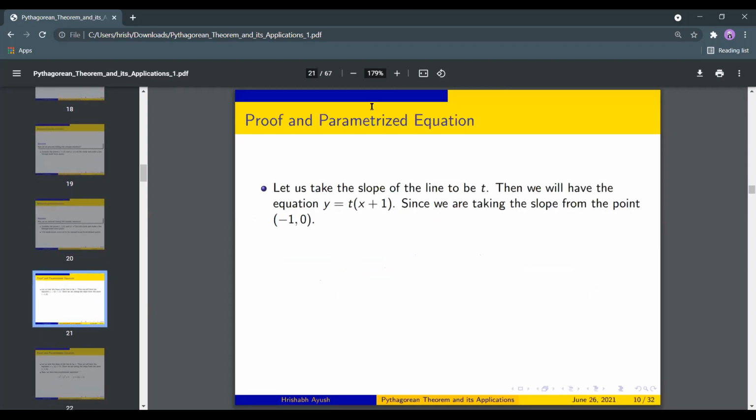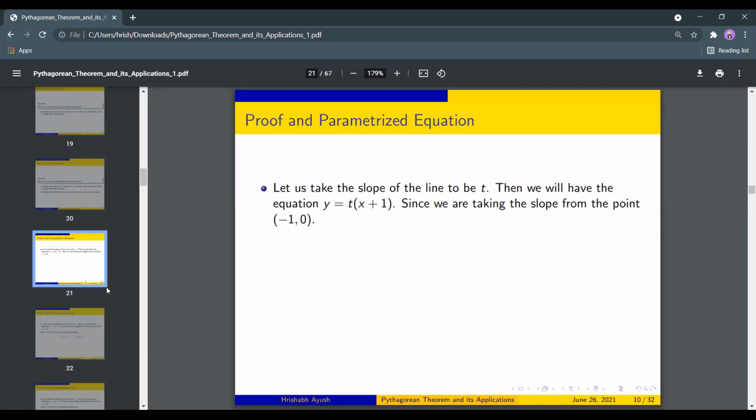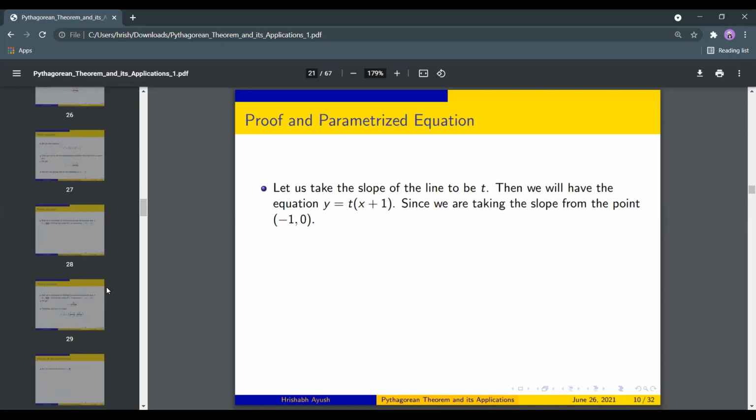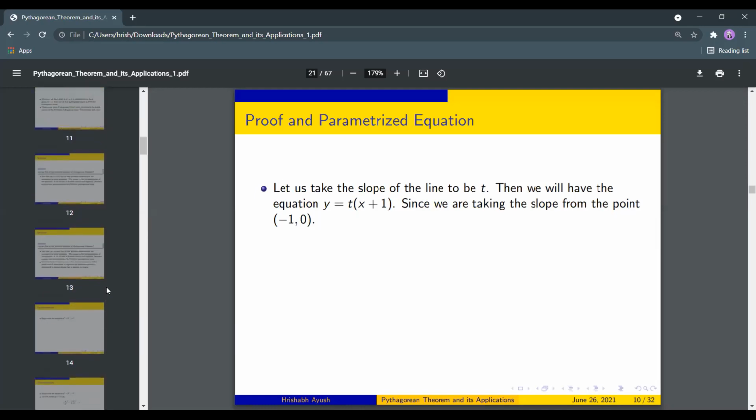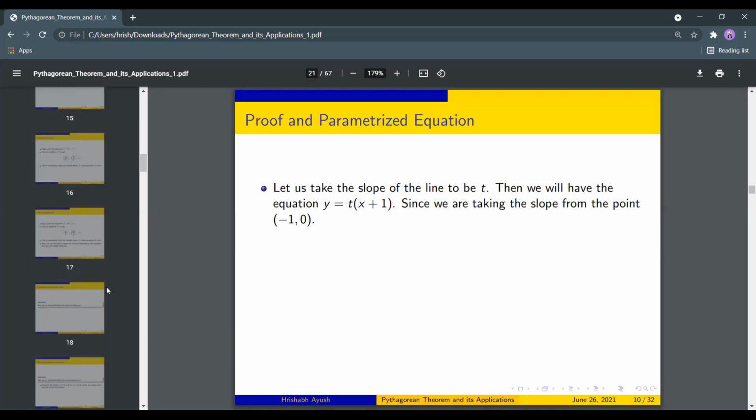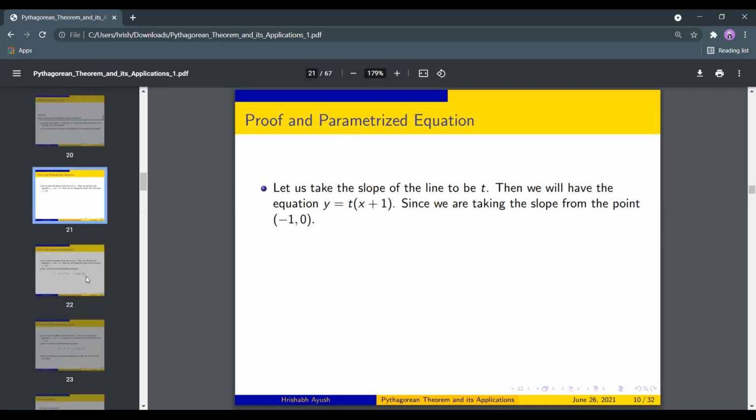So now let's see the proof of the parameterized equation. So you have the slope of the line. Actually, I included a figure. Let me see. Just a moment.